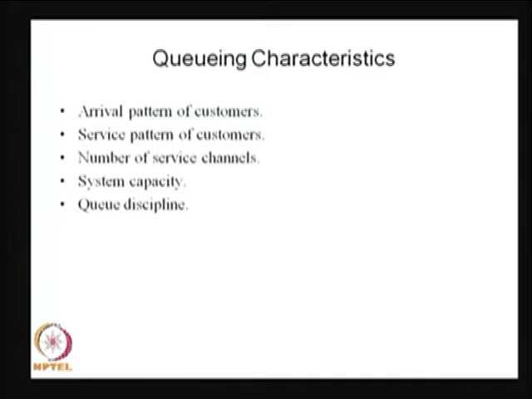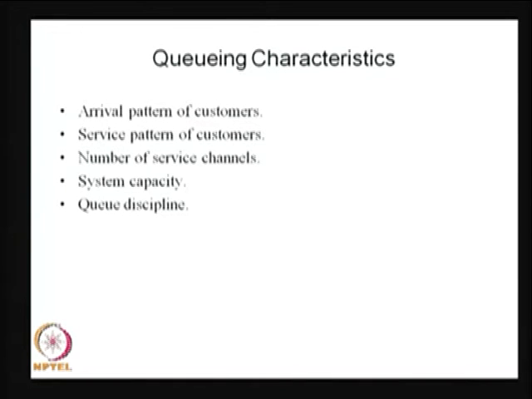To define the queuing system you need a few important characteristics, using which one can easily frame the queuing system. The first is the arrival pattern of customers: how the customers enter the system, how frequently, whether they come at a constant interval of time or in a random fashion.